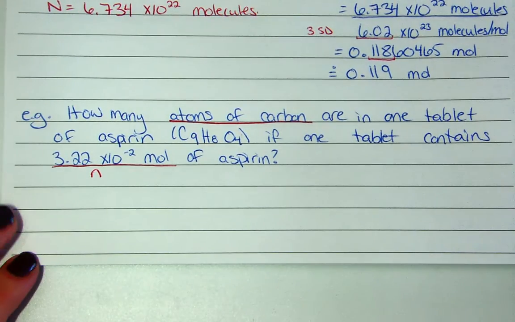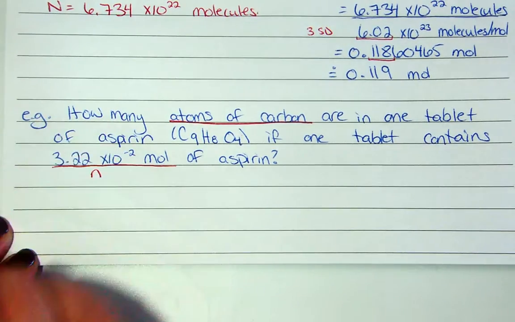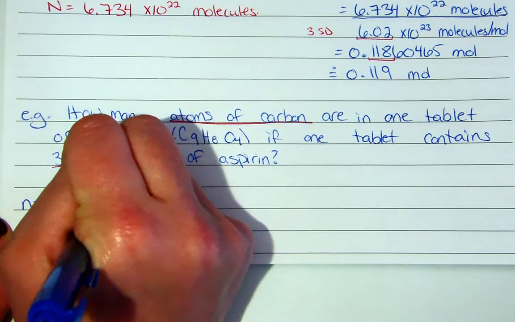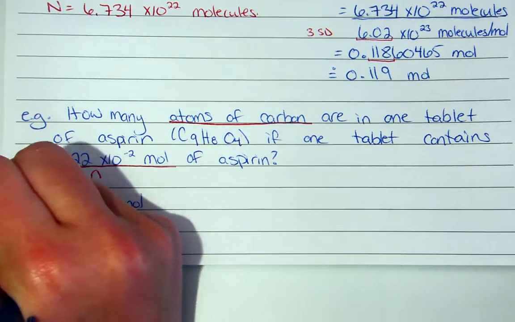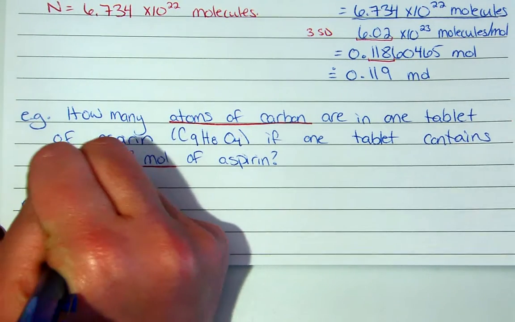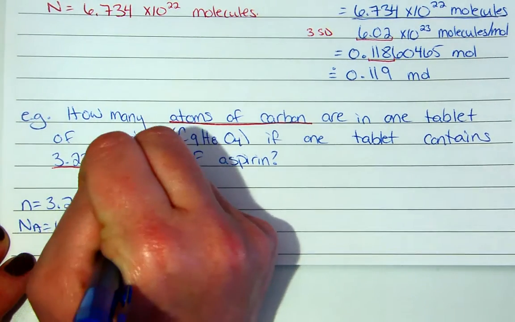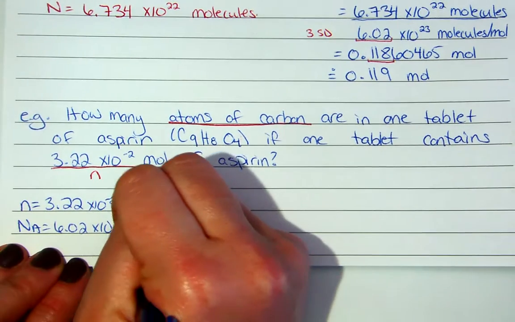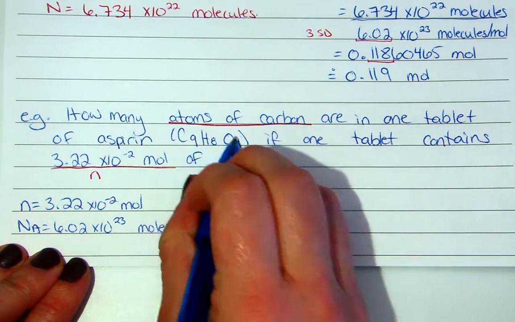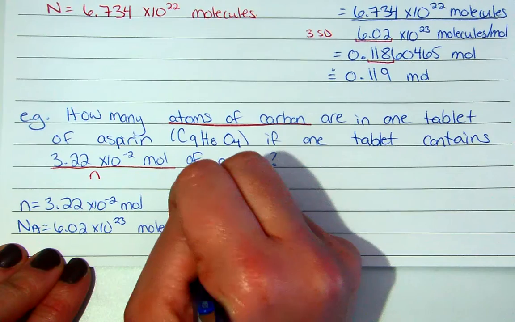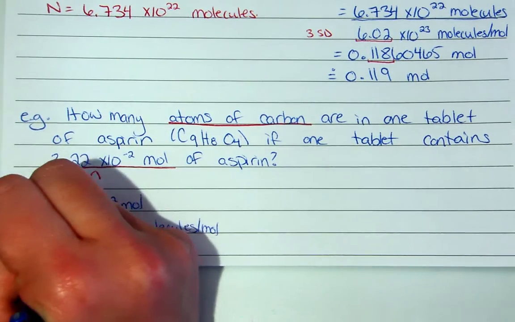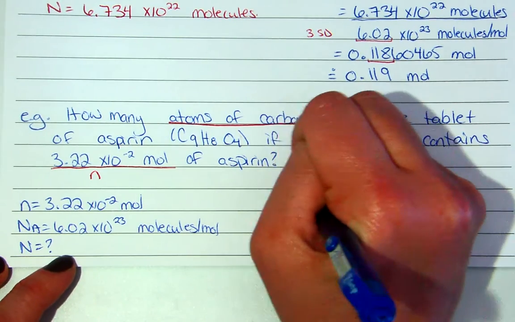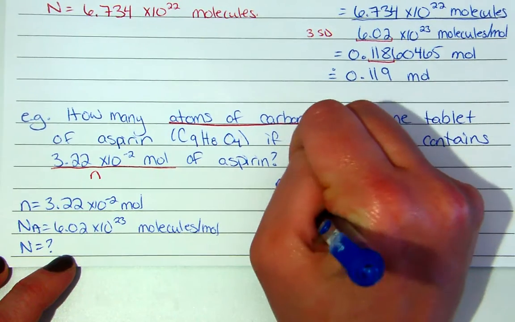Let's go. I know that n is 3.22 times 10 to the negative 2 moles. I know Avogadro's number. That's molecules still because we're looking at our molecular compound. But I don't know the number of molecules present in one tablet. So n equals uppercase N over N_A.